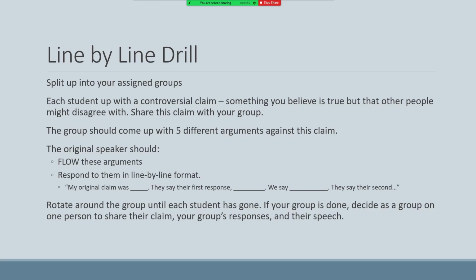So every student comes up with that. Then the students take turns sharing their controversial claim, evidence, and warrant with the group, and the group will come up with 5 different responses to this argument.